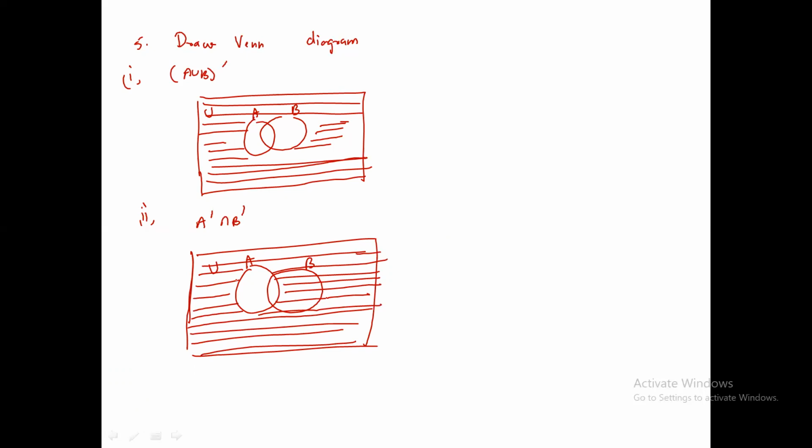Okay, now after that, I have shaded A dash. Except A, I shaded everything. Now you have to shade B dash. Except B, you have to shade everything.